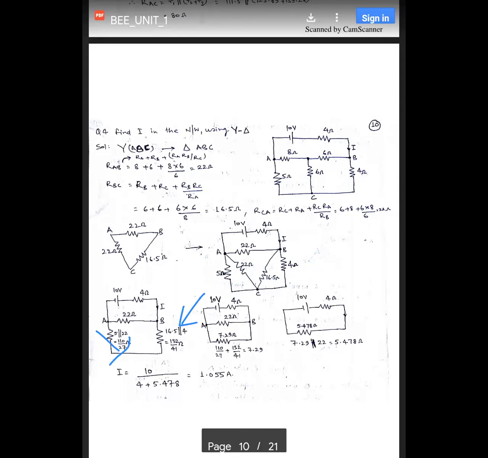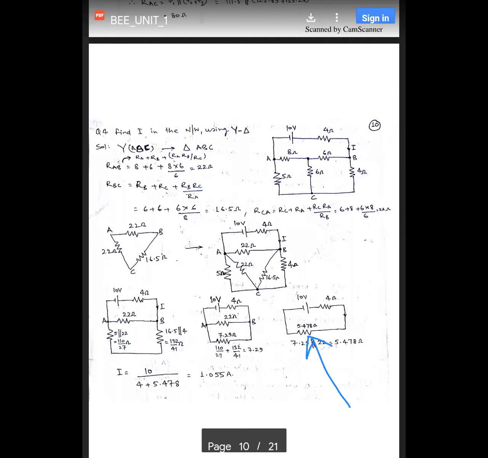Now these two resistances are in series, which is calculated and placed here. Now this resistance and this resistance are in parallel, so again that parallel is solved and placed here.